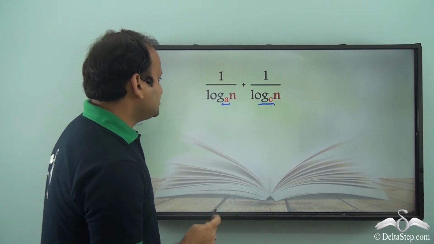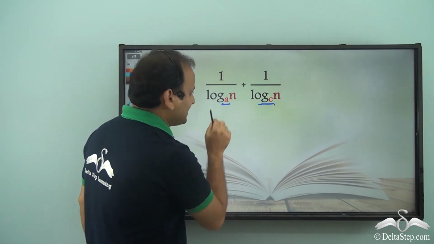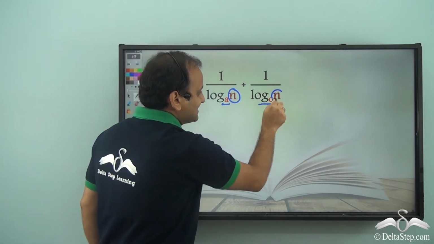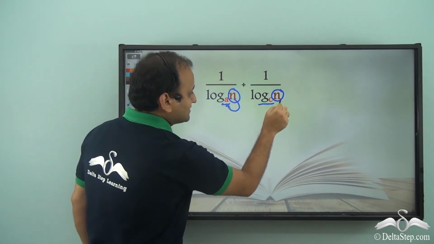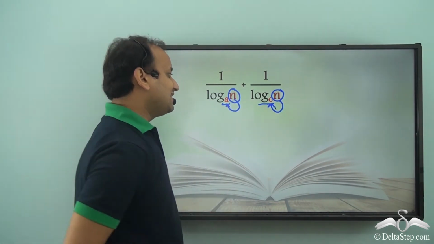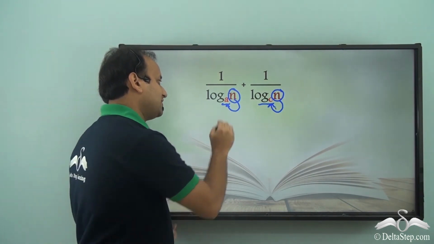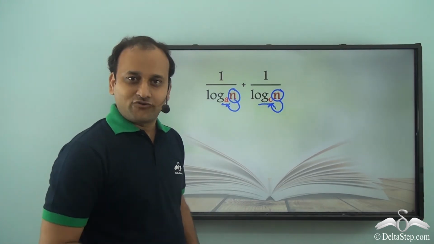So what we can do is get something which is common as the base. Now here the argument in both the cases is the same. So if we could bring the argument as the base, then the operations could be much simpler. Now, how do you actually bring the argument to the base? By applying the reciprocal formula, isn't it?